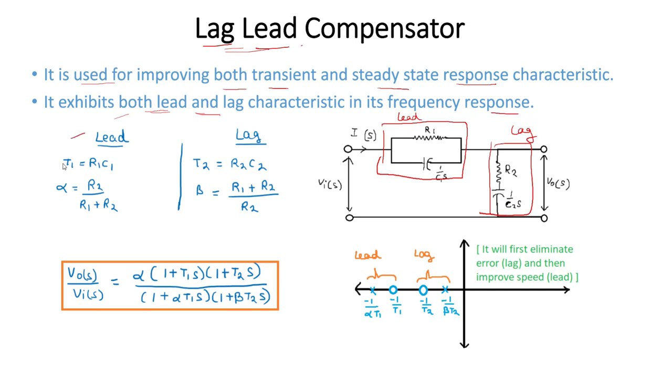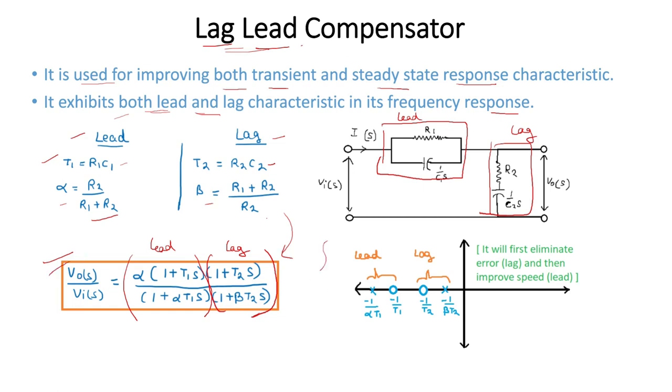So for lead, we all know that time constant T was R1C1 and alpha was R2 upon R1 plus R2, and for lag, time constant was R2C2 and beta is equal to R1 plus R2 upon R2. So the transfer function of lag lead compensator is a product of lead transfer function and transfer function of lag compensator. So now from this it is easy to remember the lag lead compensator's transfer function.